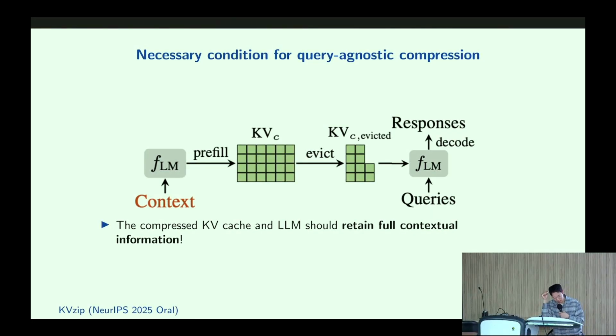Without even looking at what the user is going to ask or how they interact, how do we distinguish which KV cache is important and which is not? So the main idea is that the compressed KV cache and the LLM should retain all the full contextual information.